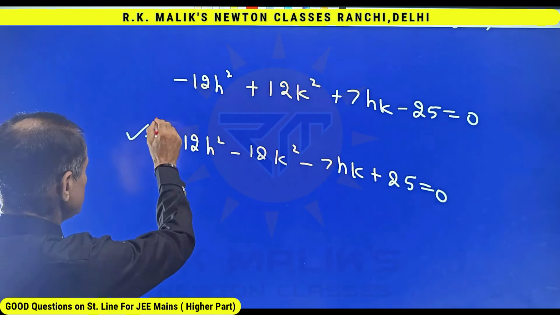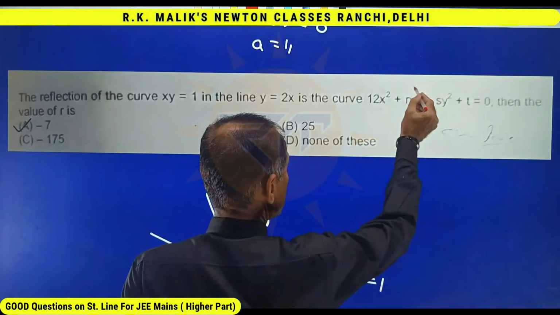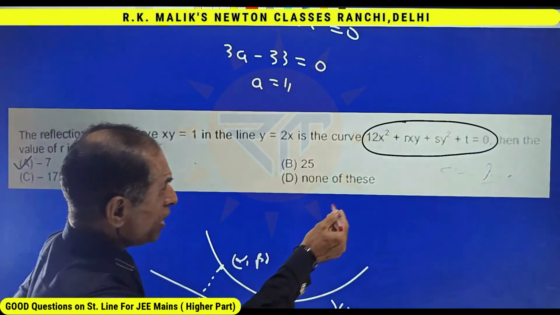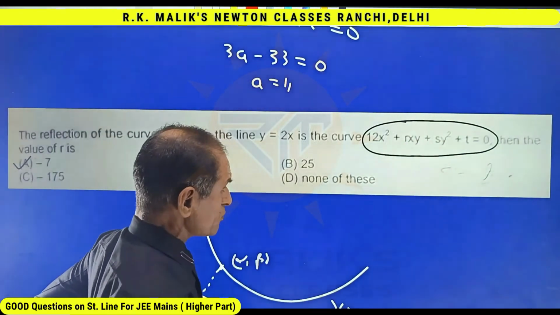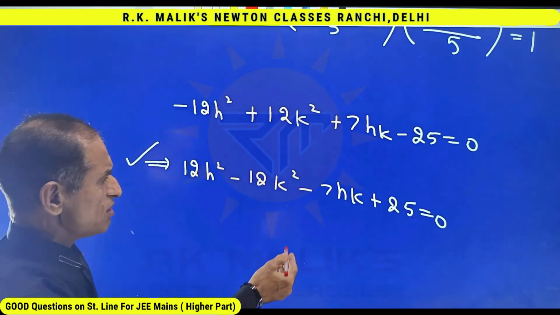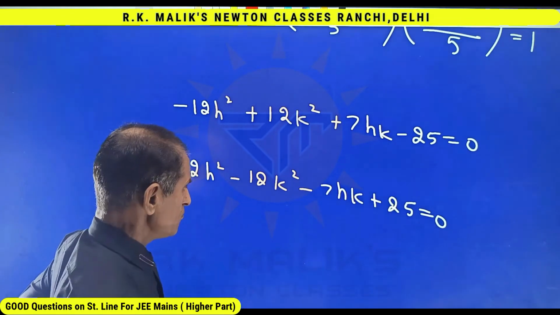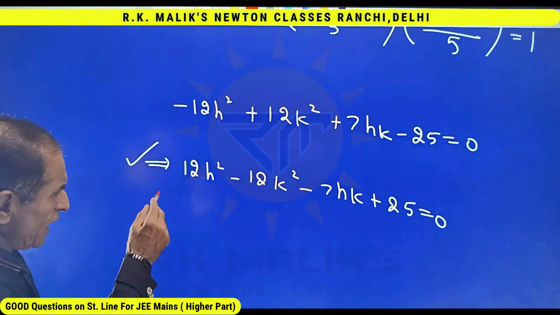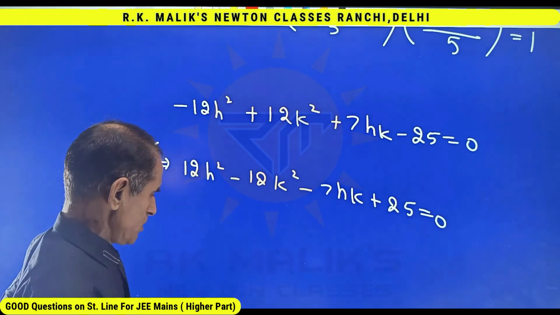And now comparing this and this given equation where r is the coefficient of xy, we can easily say the value of r is minus 7, because in the last we are going to write x for h and y for k.